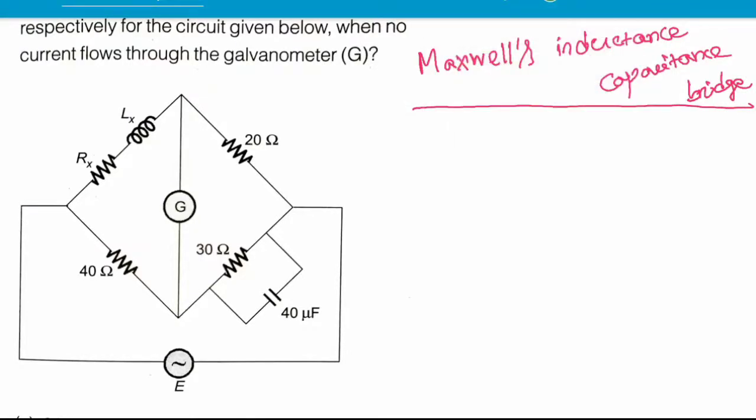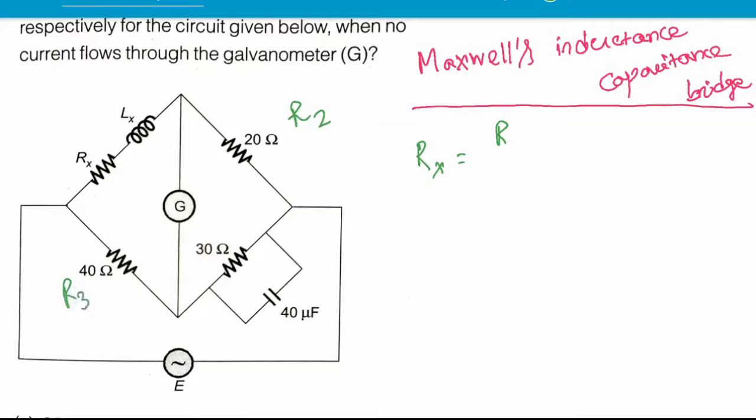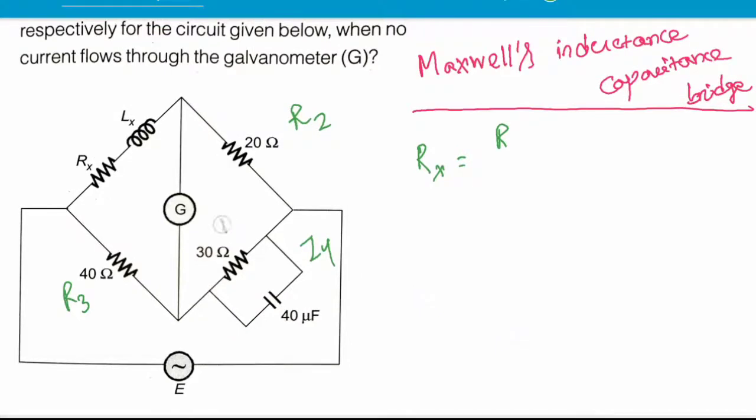And we will solve. In this, Rx, the unknown resistance, will be equal to this. Suppose this is R2, this is R3, this is Z4. Z4 means this is R4, this is, sorry, C4.